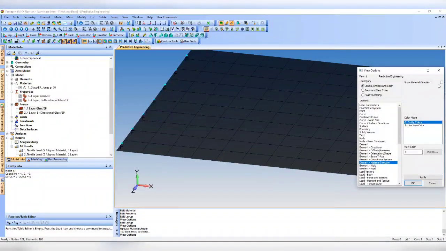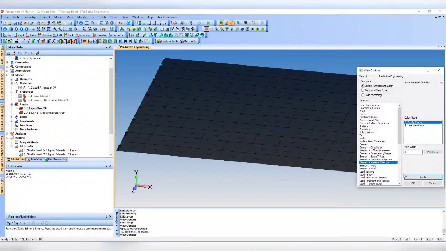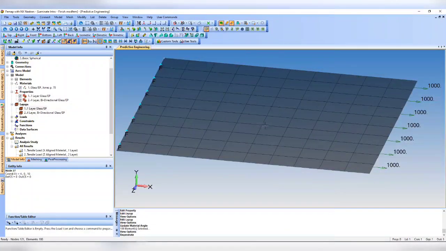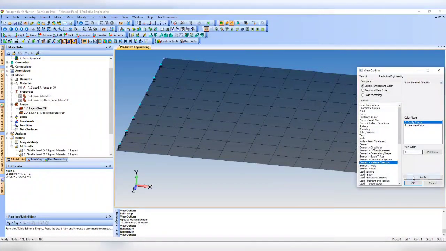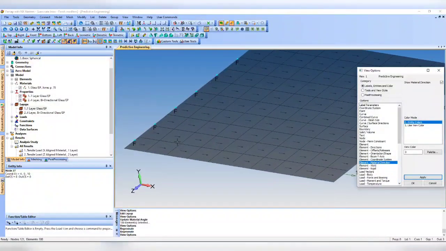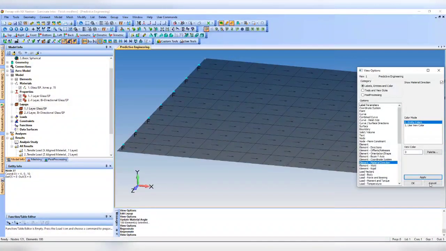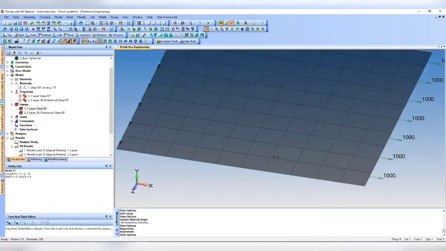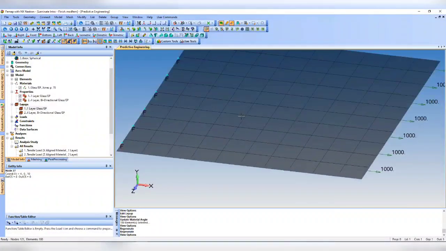And now if I check my material directions, that should not happen. Let me Control Z that. You can see I modified my 0 degree coordinate system to be along this x axis. So that's very important. You always want to define that in the correct orientation because that defines your 0 degree direction for your lamina.